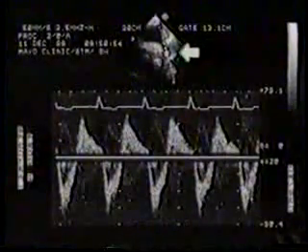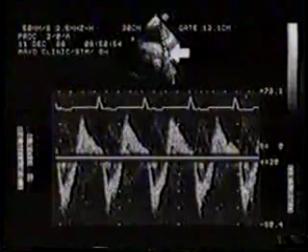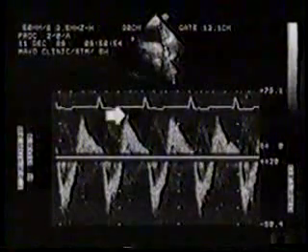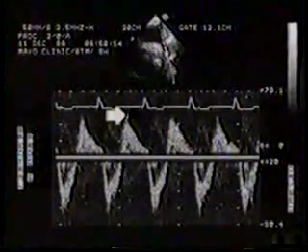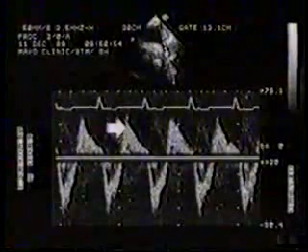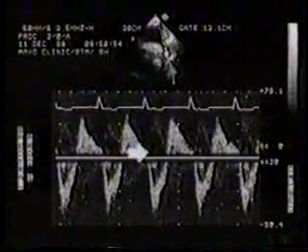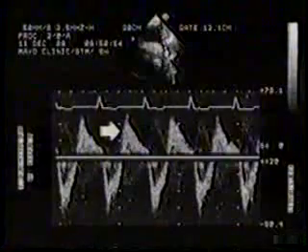A sample volume has been placed in the descending aorta. The diastolic reversal is high velocity, 0.5 meters per second, and persists throughout diastole, again supporting a diagnosis of severe aortic regurgitation.